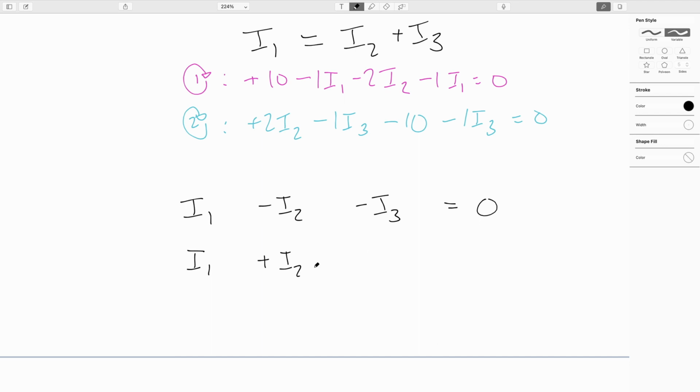And I would leave a space where this I3 is to write equals 5. And then finally, for this one, I will go ahead and add 10 to both sides, and then I have a minus 1 I3 here, minus 1 I3 here. That's negative 2 I3. Divide through by 2, I will have I2 minus I3 equals 5 there.